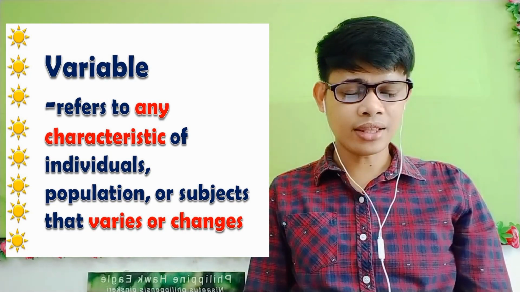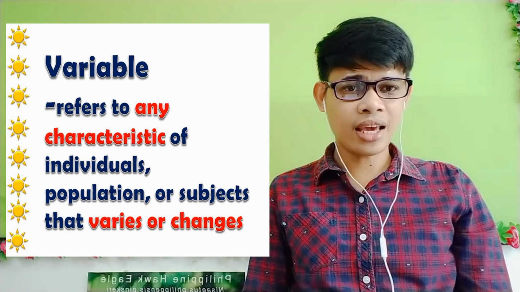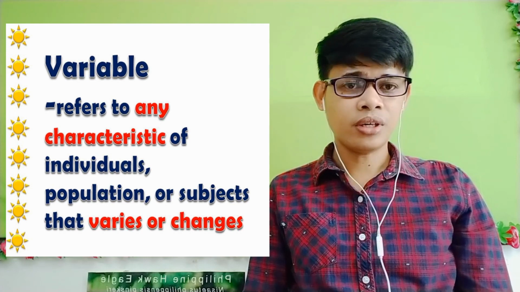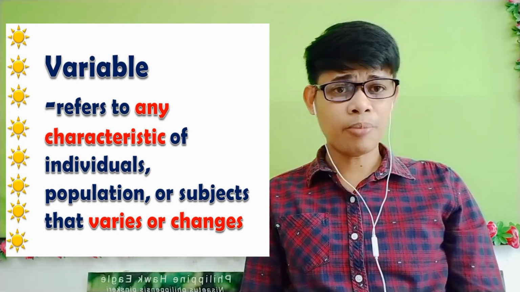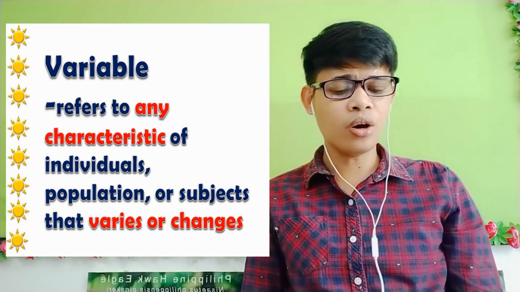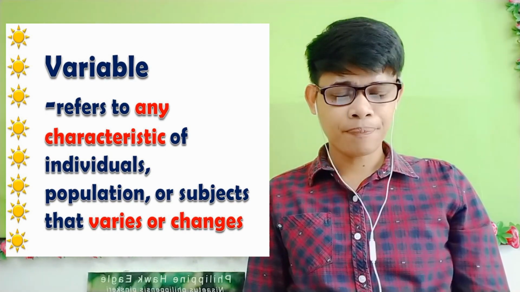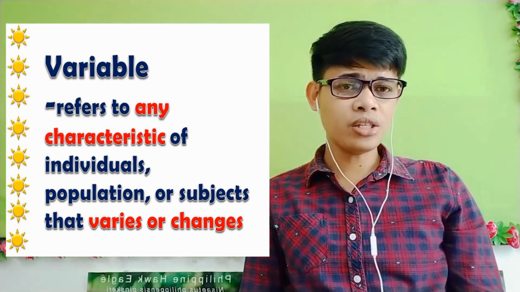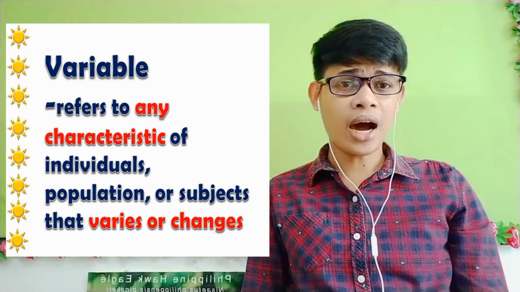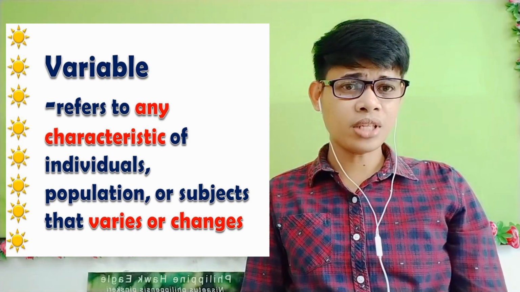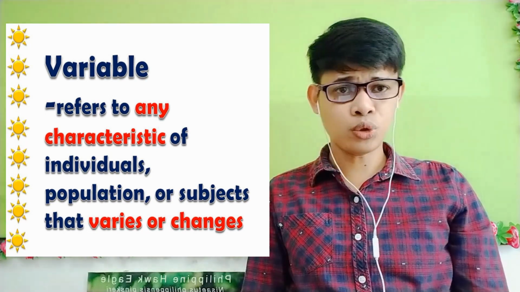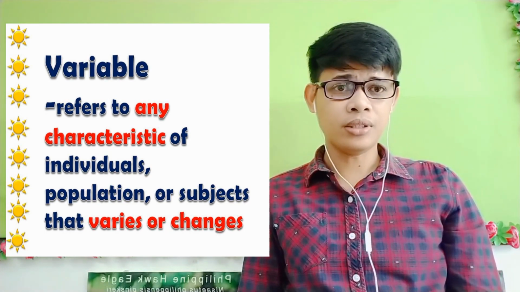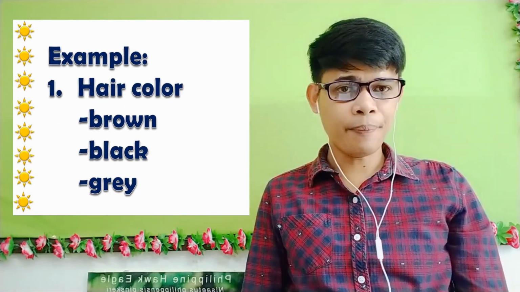Just take note that a variable is anything as long as it is a characteristic of that person, respondent, subject, or population that you are dealing with in your research. And remember that that characteristic of a person, individual, population, or subject varies or changes. So meaning to say it differs from one person to another person, from a group of people to another group of people.